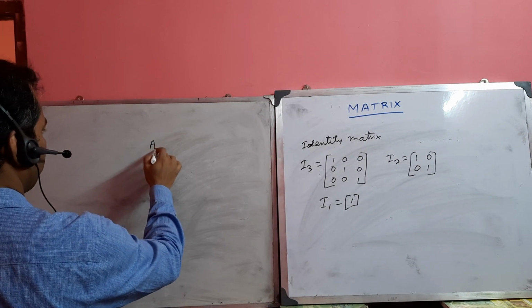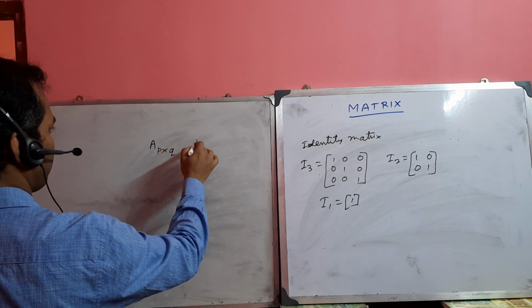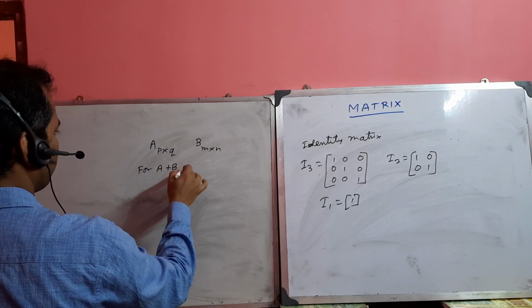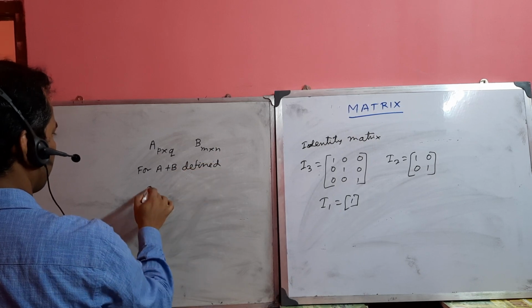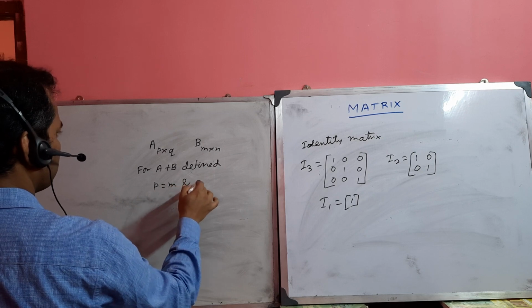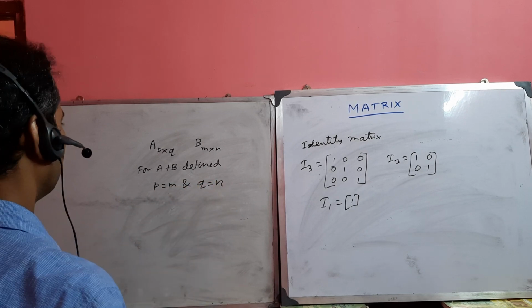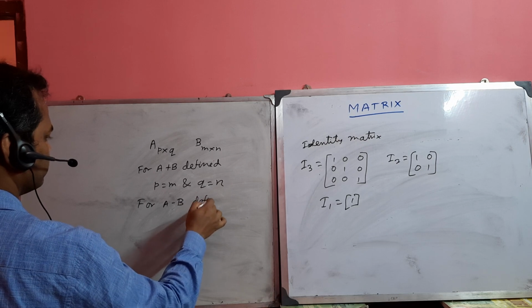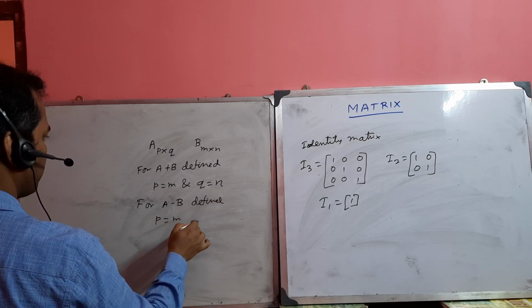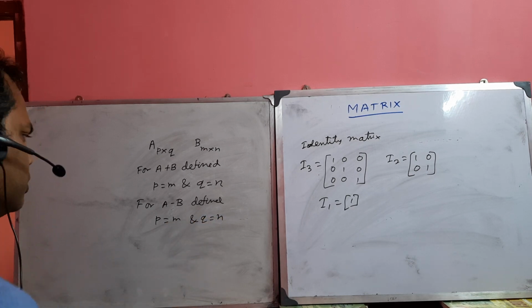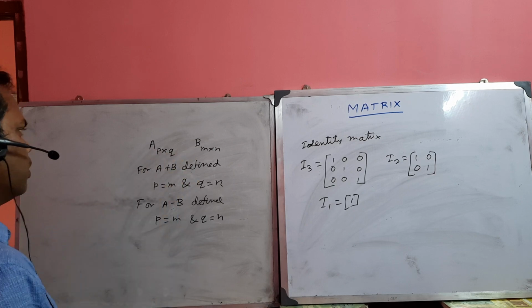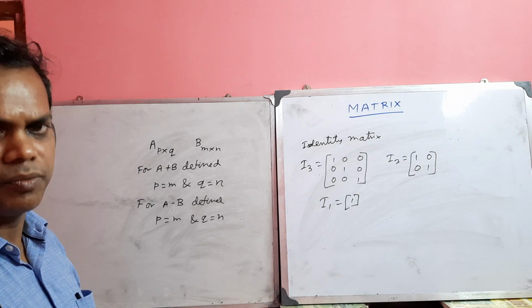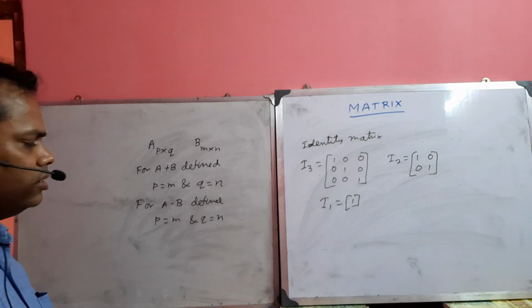If A is a matrix of order P by Q and B is a matrix of order M by N, for A plus B to be defined, P equals M and Q equals N. For A minus B to be defined, here also P equals M and Q equals N. It means if the orders of two matrices are the same, then plus and minus between them can be defined. Otherwise, that cannot be defined.